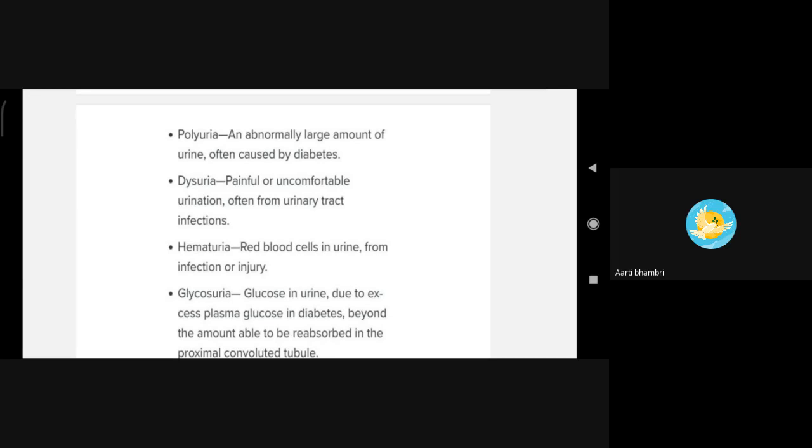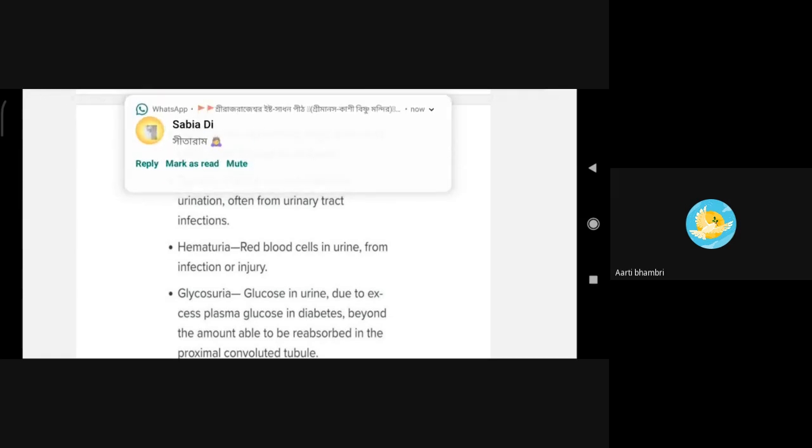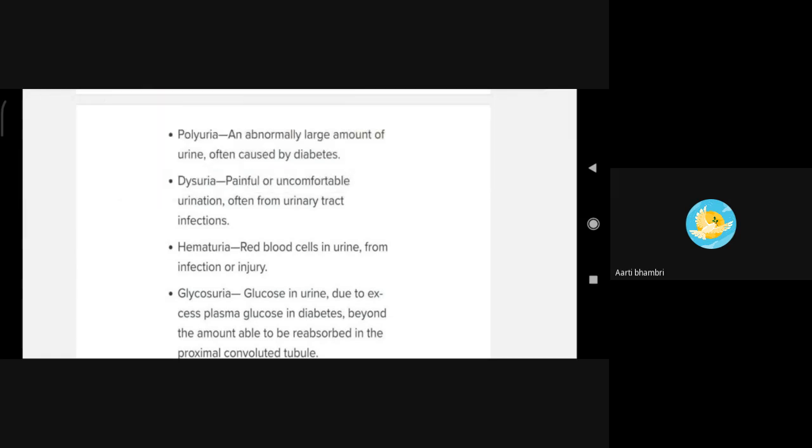Hemoglobin. Yeah, and this term is generally used for blood. So, red blood cells in urine from infection or injury. So, hematuria is the terminology when urine contains blood cells or blood.